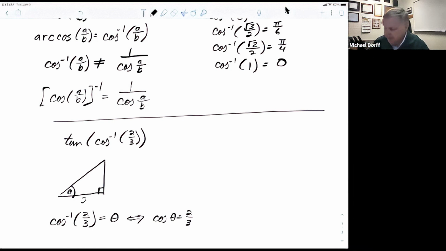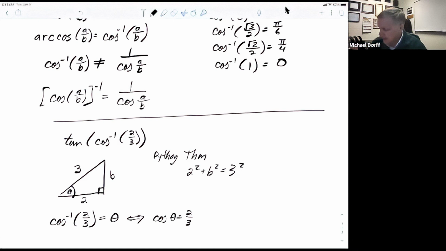So my adjacent side is 2, my hypotenuse is 3. And then I can use the Pythagorean theorem to figure out what the value of the opposite side is. By the Pythagorean theorem, we have 2 squared plus b squared equals 3 squared. That means I'm going to get 4 plus b squared equals 9, b squared equals 5, or b equals square root of 5.